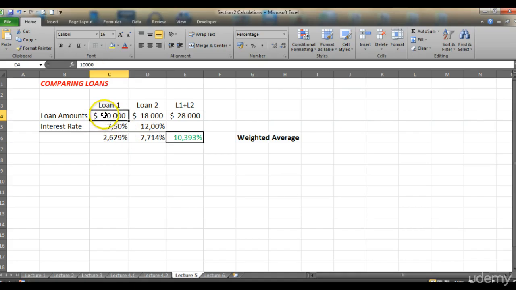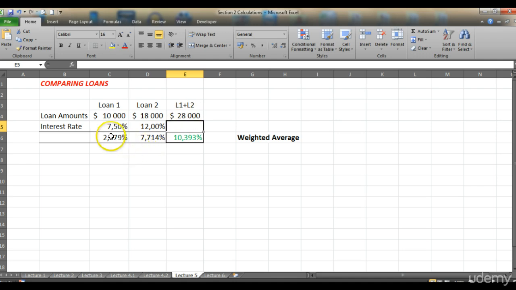Okay, let's insert, these are the loan amounts, the loan 1 $10,000, loan 2 $18,000. Here are the interest rates of the two loans, 7.5 and 12%. And here is the sum of the two loan amounts, loan 1 and loan 2, $28,000.